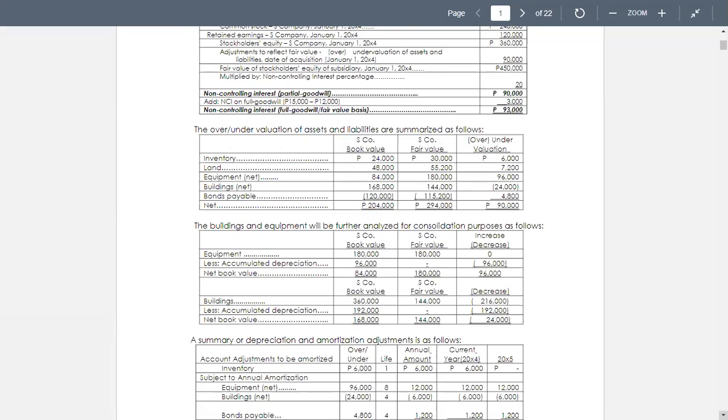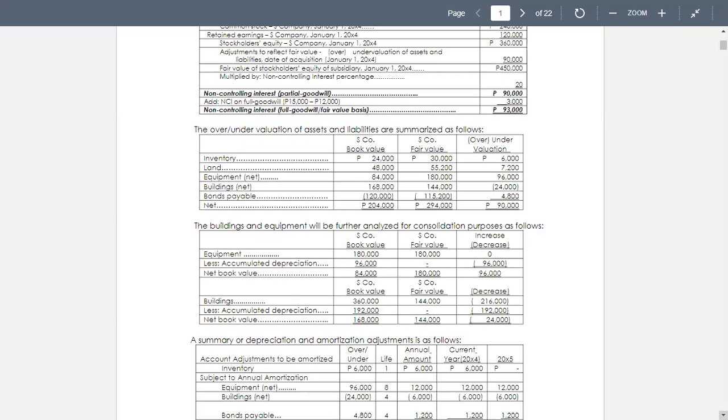In contrast to the other accounts, which are all assets, this one is a liability. So even if you have book value higher than fair value, meaning it's an overvaluation, considering that it's a liability, it becomes an undervaluation when it comes to net assets.